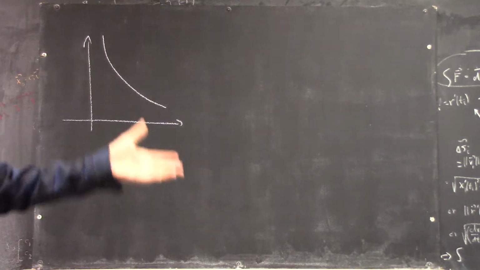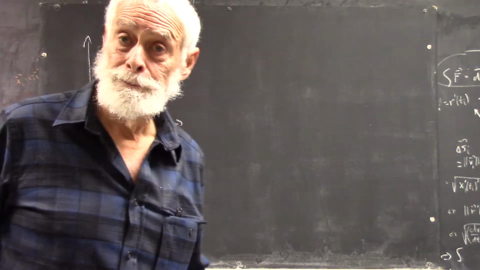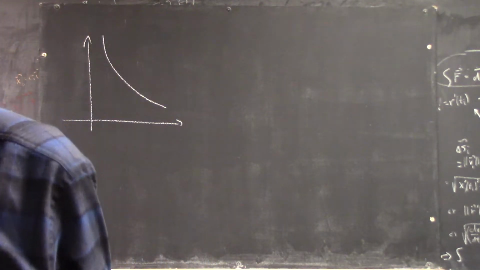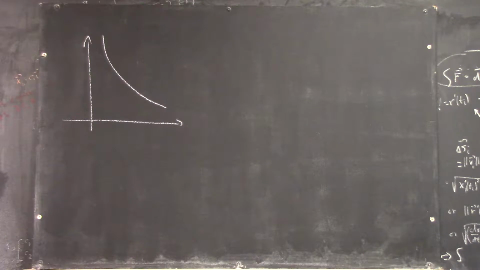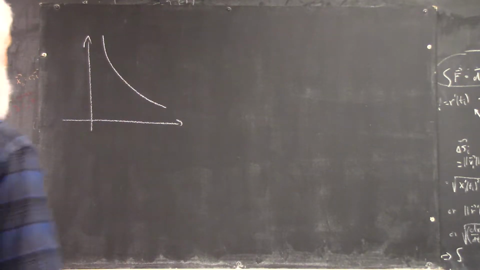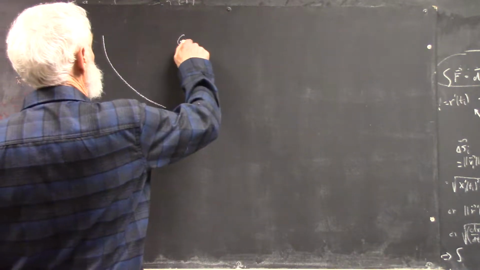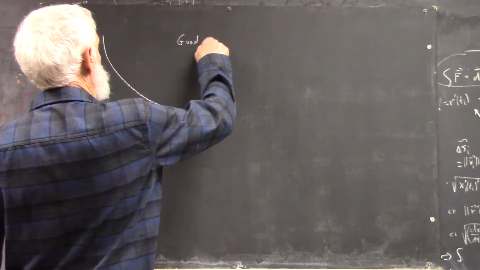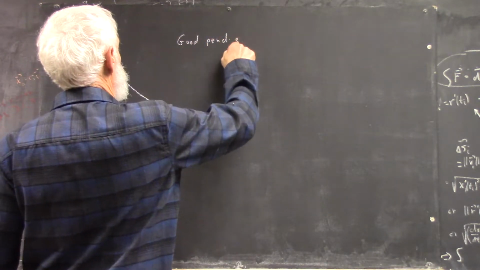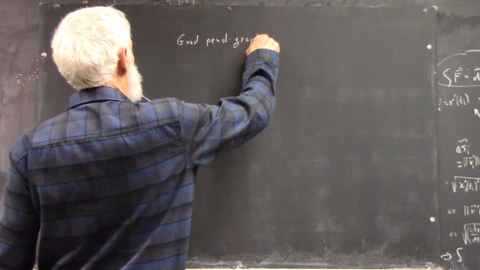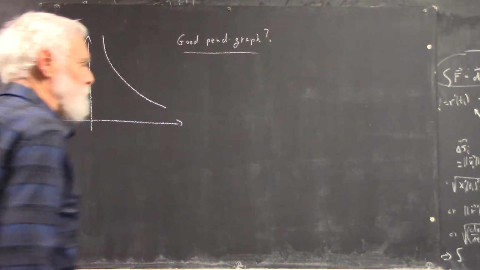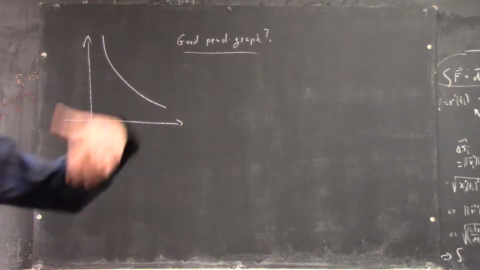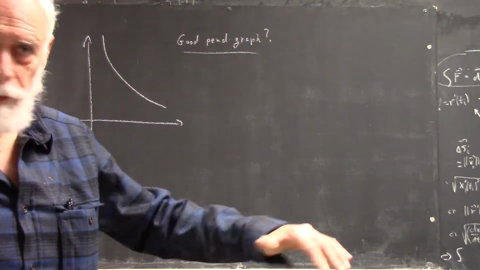And if we're trying to match this up with a pendulum, well, we can see how this matches, right? So let's say you have this, and you want to know if this is a good pendulum graph. Now, by pendulum graph, I mean count, 1 minute count versus length, right?